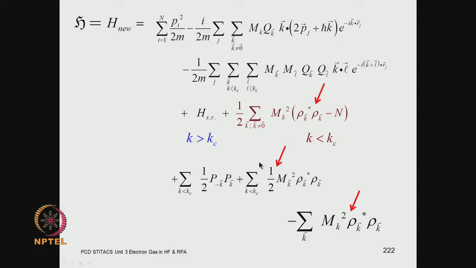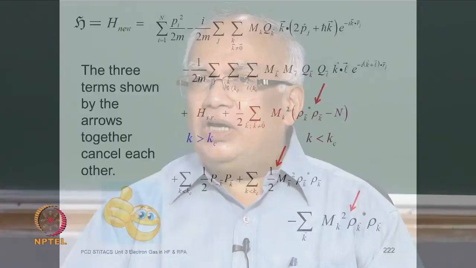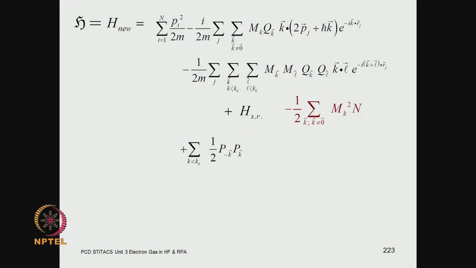Okay? So, the only term with k greater than kc is here. So, these three terms together cancel each other, and that gives us a little bit of respite, because we managed to get rid of two terms which were equal and opposite. Now, we have three terms which combine to cancel each other. So, now there are fewer terms to work with.